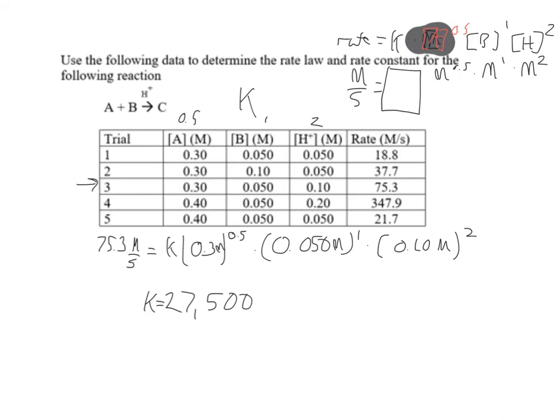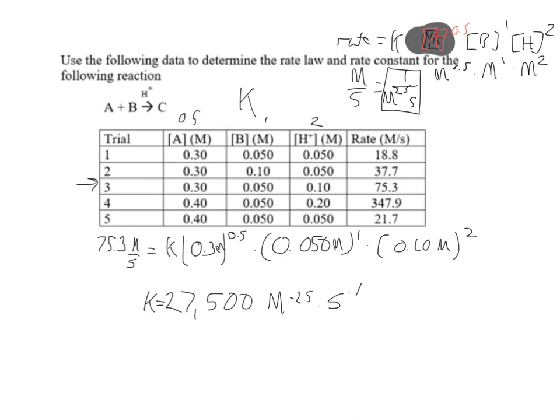So that means that K is going to have units of 1 over seconds and molarity, so the 3.5 minus 1, molarity to the 2.5. So we would say that K has units of molarity to the negative 2.5 times seconds to the negative 1.